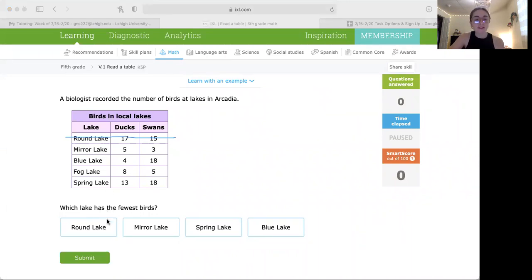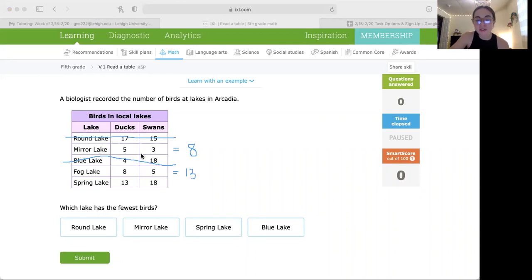Then it says Mirror Lake, 5 ducks and 3 swans, which is a total of 8 birds. That's lower than the first, so we'll keep that one. Blue Lake has 4 ducks and 18 swans, so that's already more than Mirror Lake, so we can cross this one out. Fog Lake has 8 ducks and 5 swans, which is a total of 13.